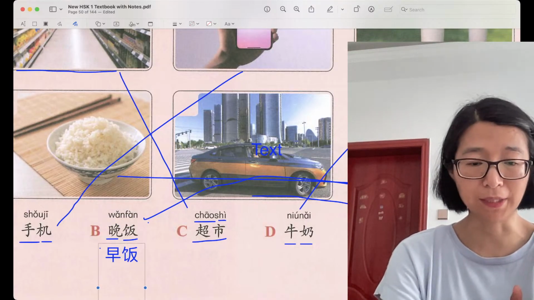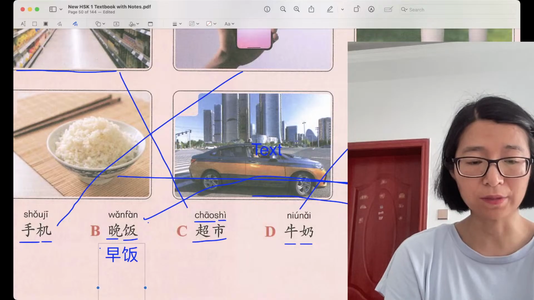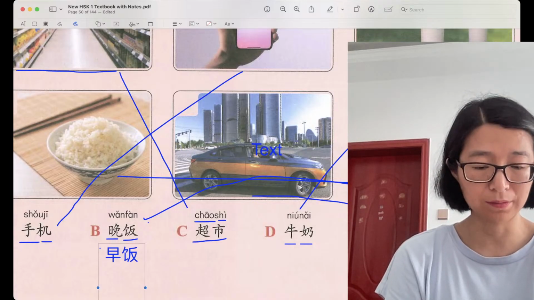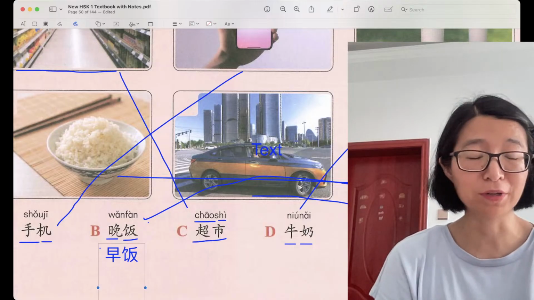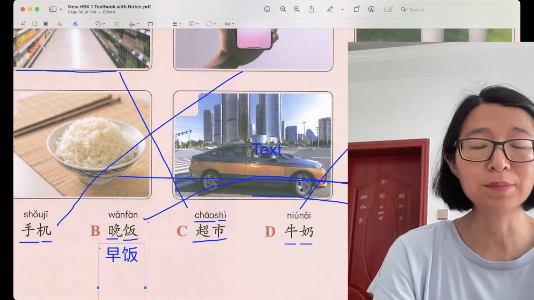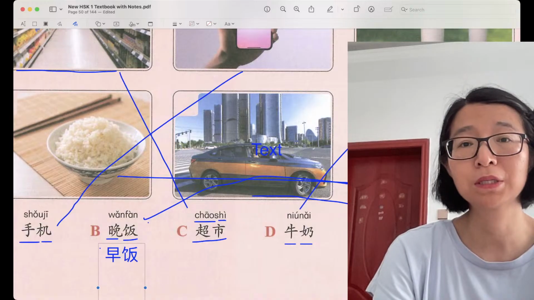So 早饭, early meal. That's a very logical way to say breakfast. And 晚饭, late meal. How to say lunch?